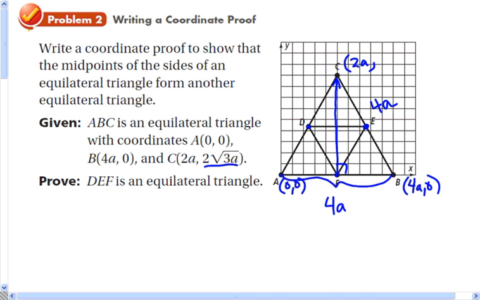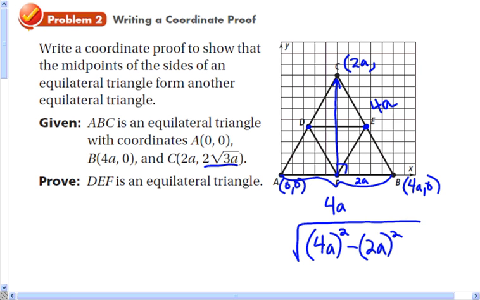The hypotenuse is 4a, so I'm going to square that. Since I know this short leg here is 2a, I'm going to subtract 2a squared. Using a squared plus b squared equals c squared, I'm then going to take the square root of that to get the altitude. I'll call it h for height for right now.